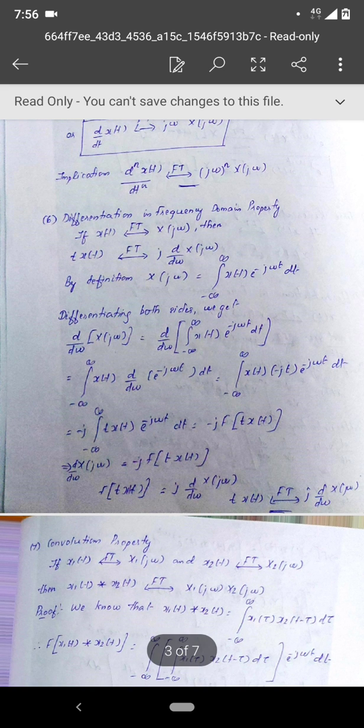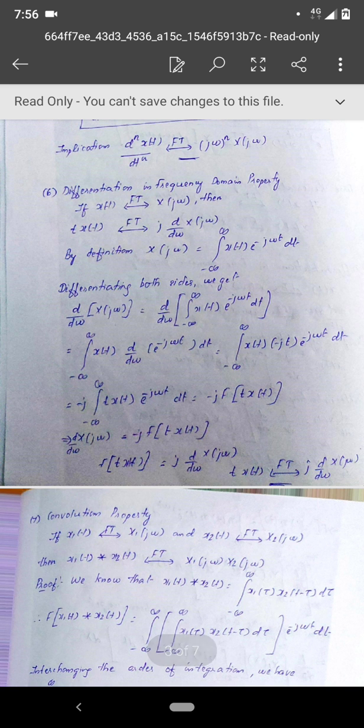So j d by d omega X of j omega equals the Fourier transform of t x of t. I repeat, that minus j you can bring to the other side, and 1 by minus j is nothing but j. So the Fourier transform of t x of t is nothing but j d by d omega X of j omega.